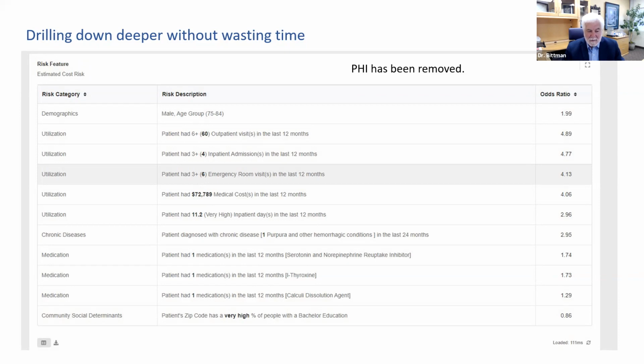Even the zip code as a community social determinant has a high predictive value of what's likely to happen to that individual. So if you start to look at clusters of patients in different areas, there's some areas that people live in that are much riskier in terms of health and well-being than others. Let's go to the next slide.